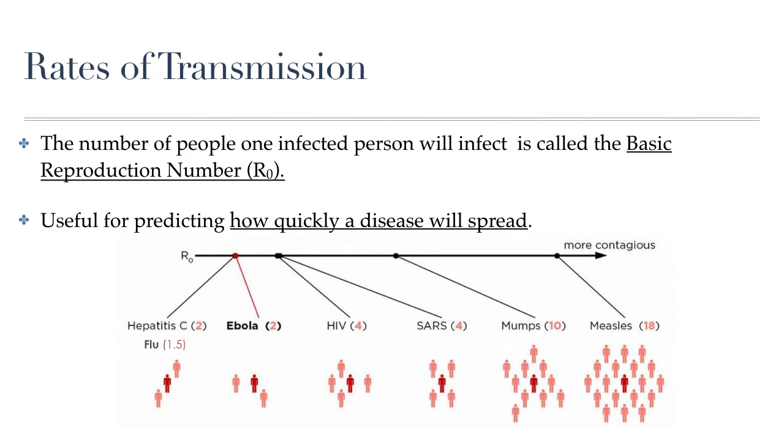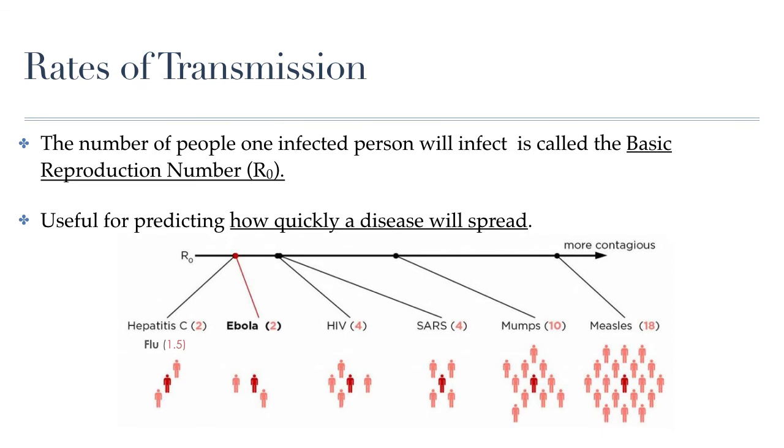Ebola also has an R naught of 2. HIV has an R naught of 4. SARS had an R naught of 4 as well. And then 2 of the most contagious diseases are something like mumps, which has an R naught of 10, and the measles, which is 18. So that means that one person with the measles could pass along and spread the disease to 18 other people as long as they're not vaccinated, right?